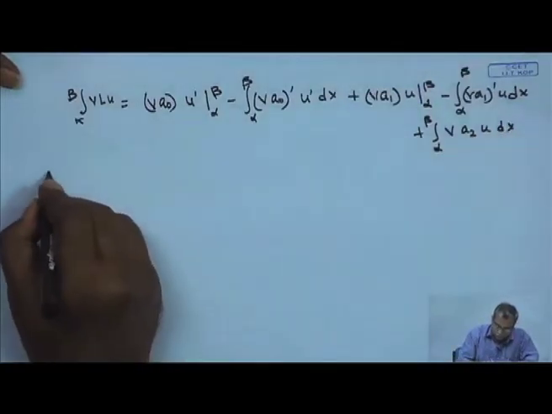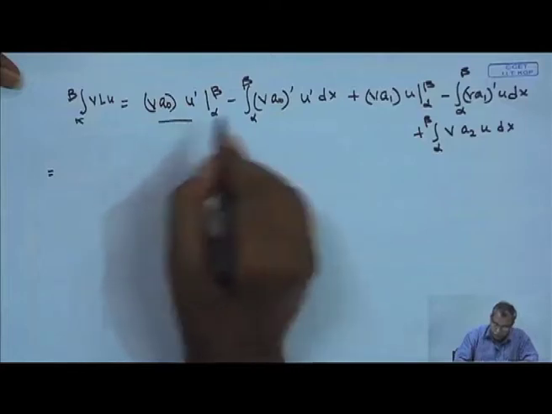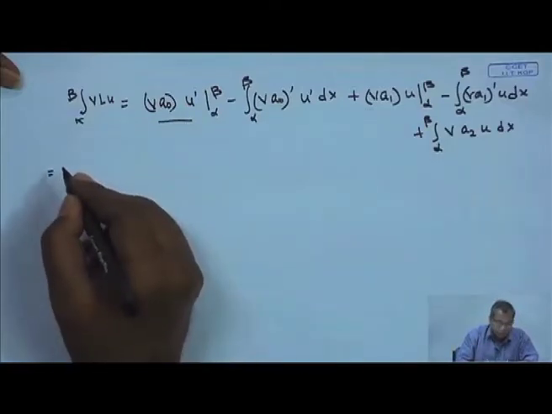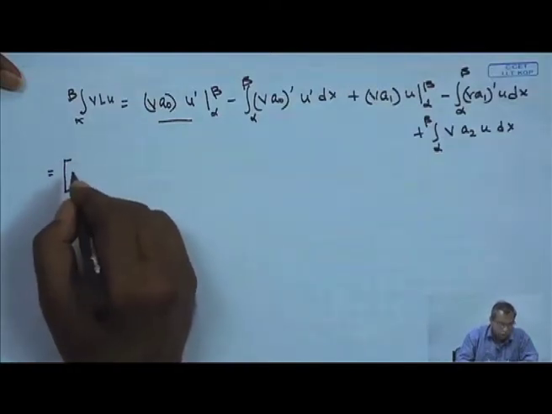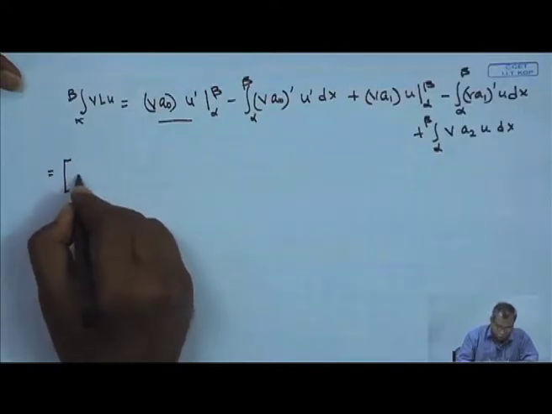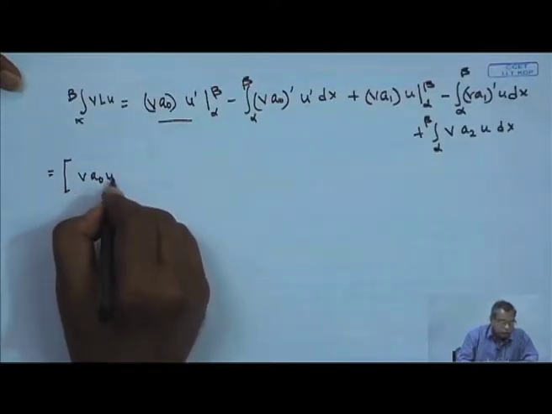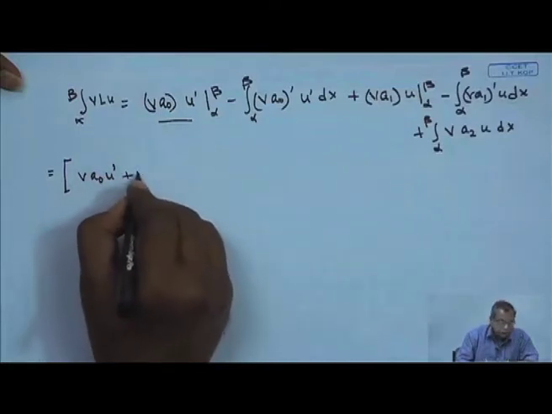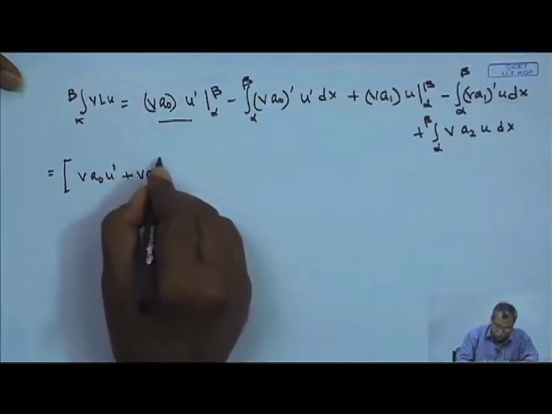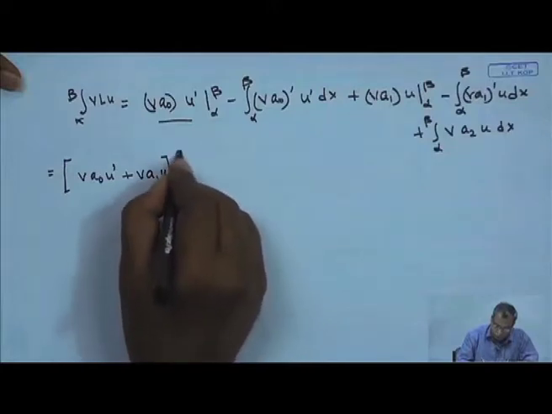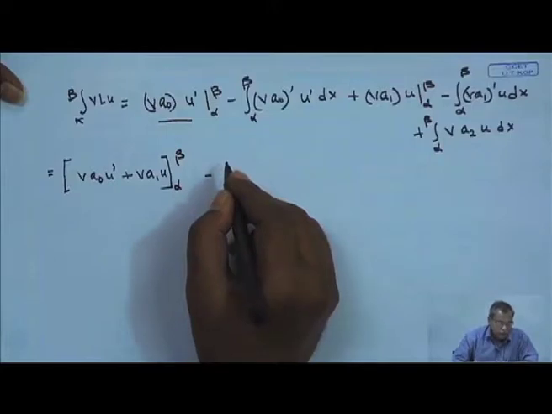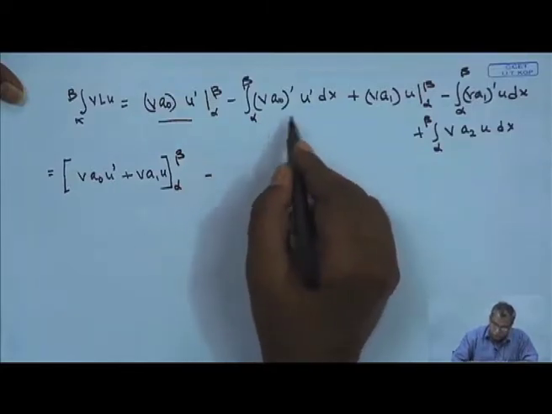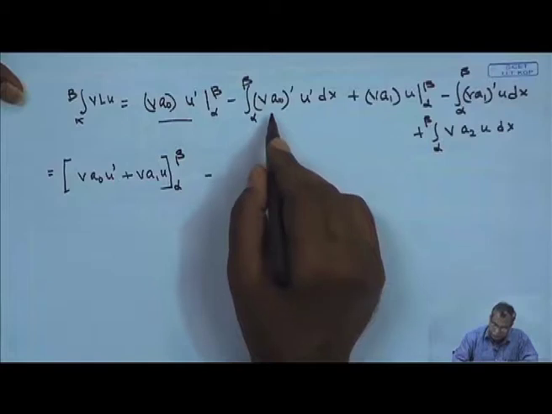So let us collect these terms. This becomes v a0 u prime plus v a1 u, evaluated from alpha to beta, minus, again we integrate by parts.